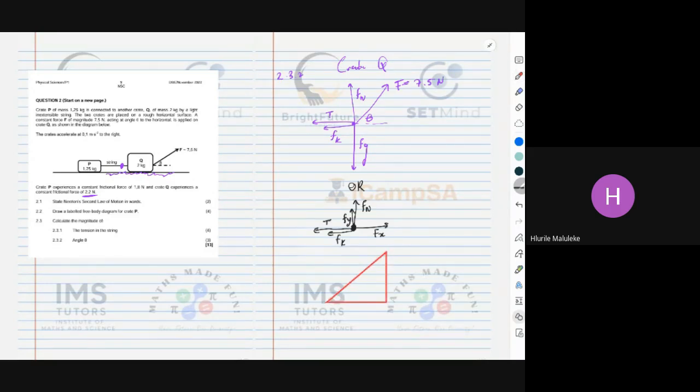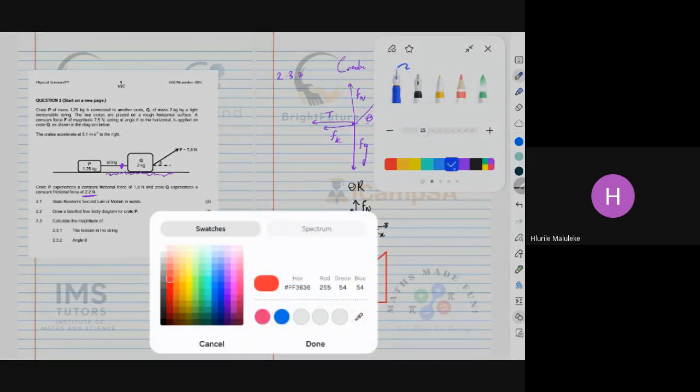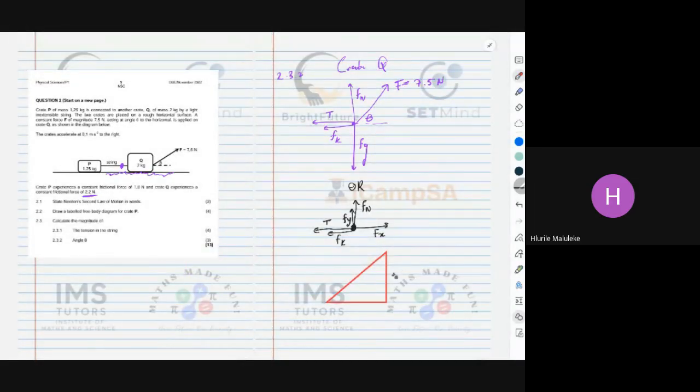So for these components here, you're going to have your Fy. Here you're going to have your Fx. Then here you're going to have your F. You see, this is where the triangle is coming from. Then this is your theta. Then this is your right angle triangle, your 90 degrees. So if we want Fy, you simply look here.